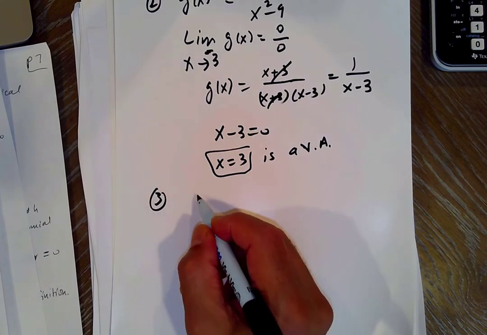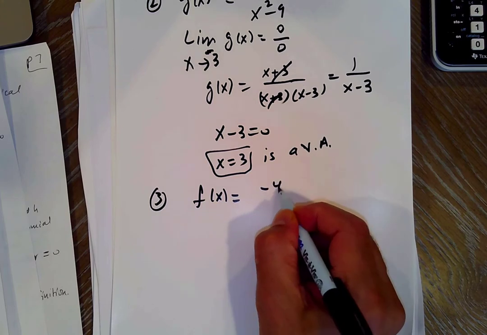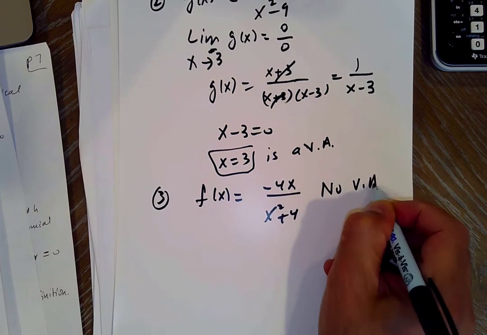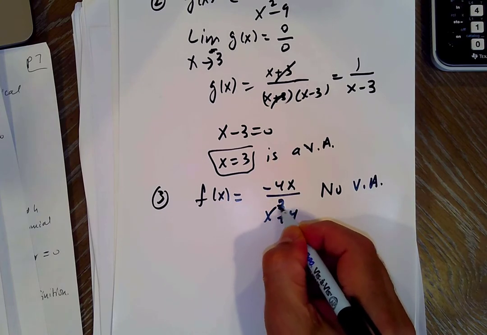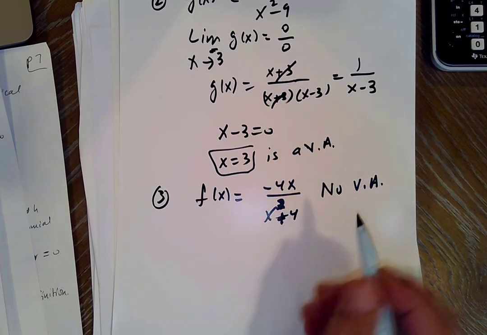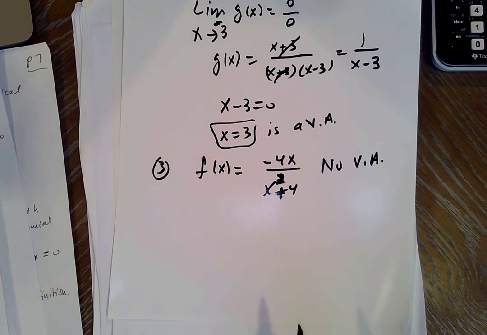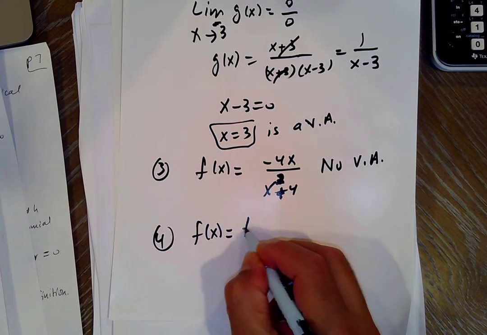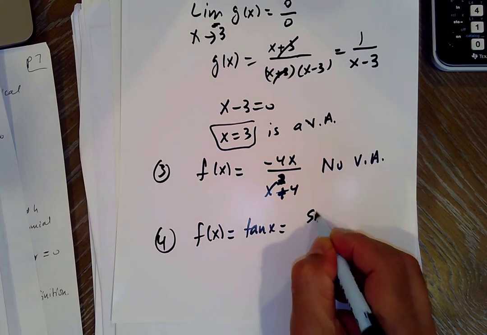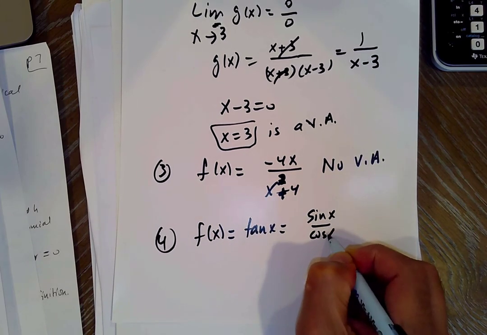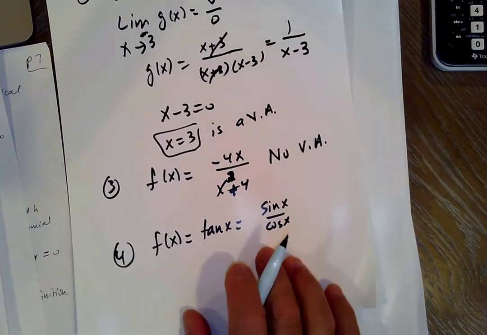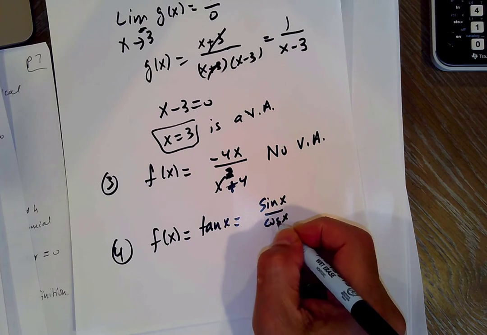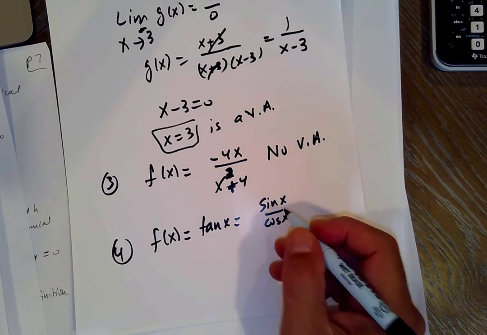For f of x equals negative 4x over x squared plus 4, this has no vertical asymptotes. Why not? Because the denominator can never be 0 for real numbers, okay? X squared plus 4 is never 0. And for tangent x, remember tangent is what? Sine over cosine. So this will have vertical asymptotes when the bottom is 0, because anything over 0 is going to give me infinity.